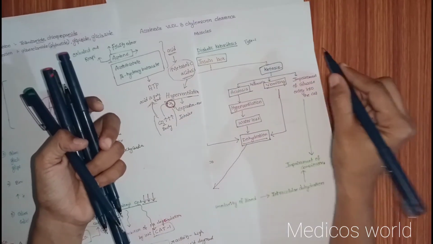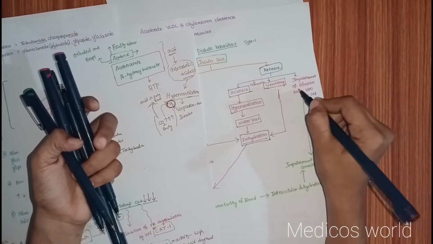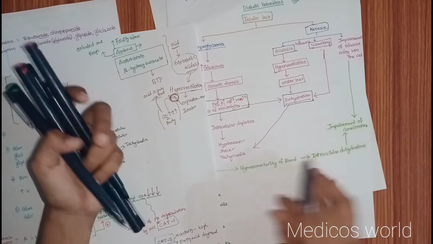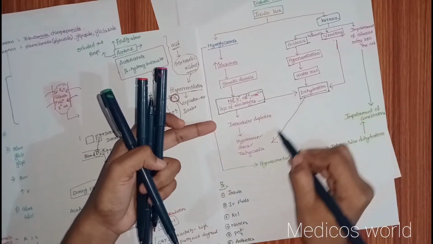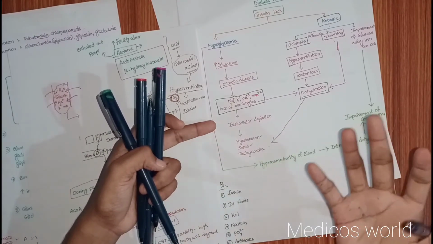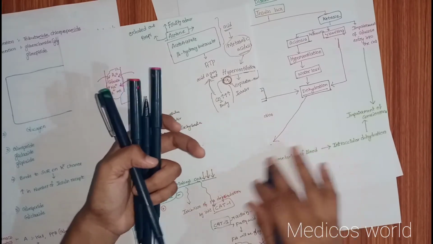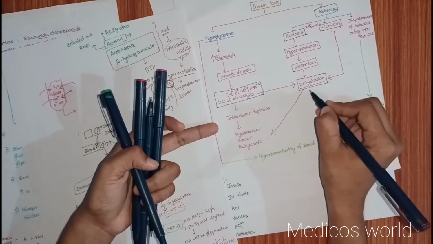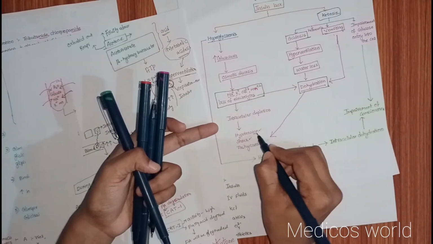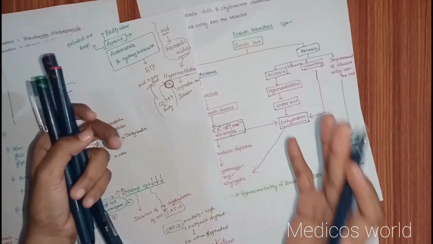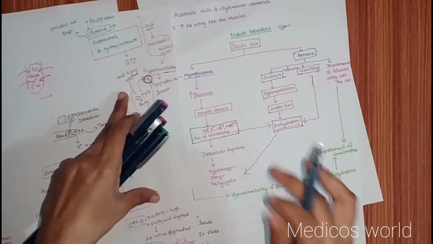Then ketosis causes impairment of glucose entry into the cell, so they will have impairment of consciousness. Because of the dehydration they will have hypotension, shock, and tachycardia. These things will happen in diabetic ketoacidosis.